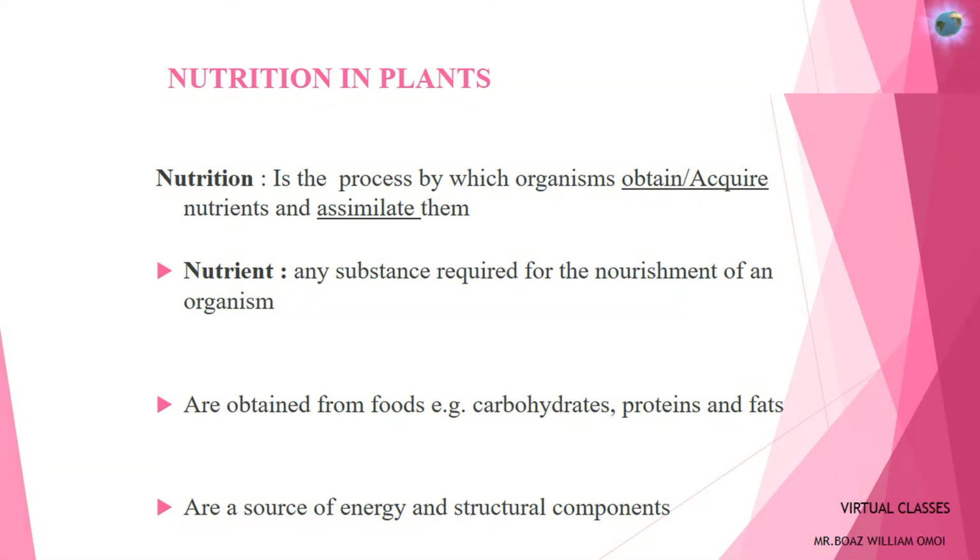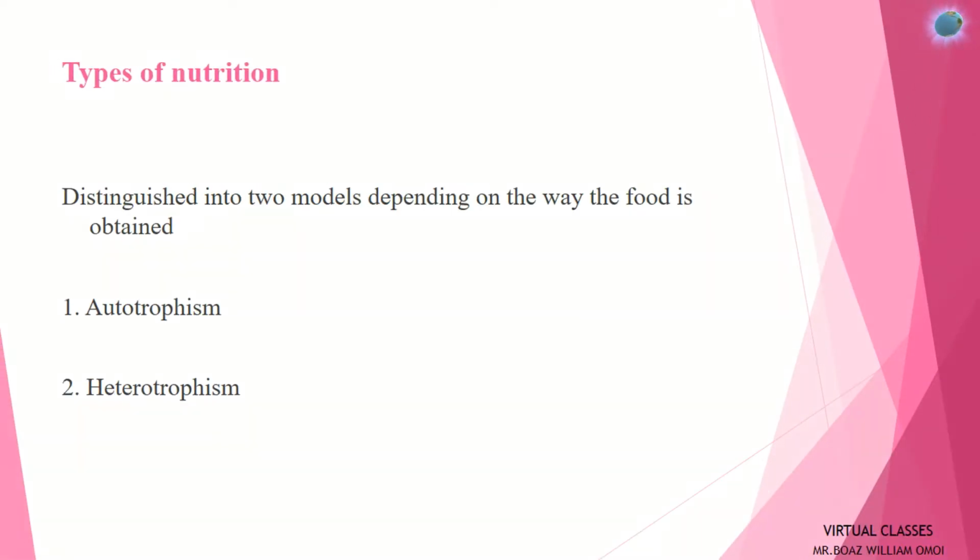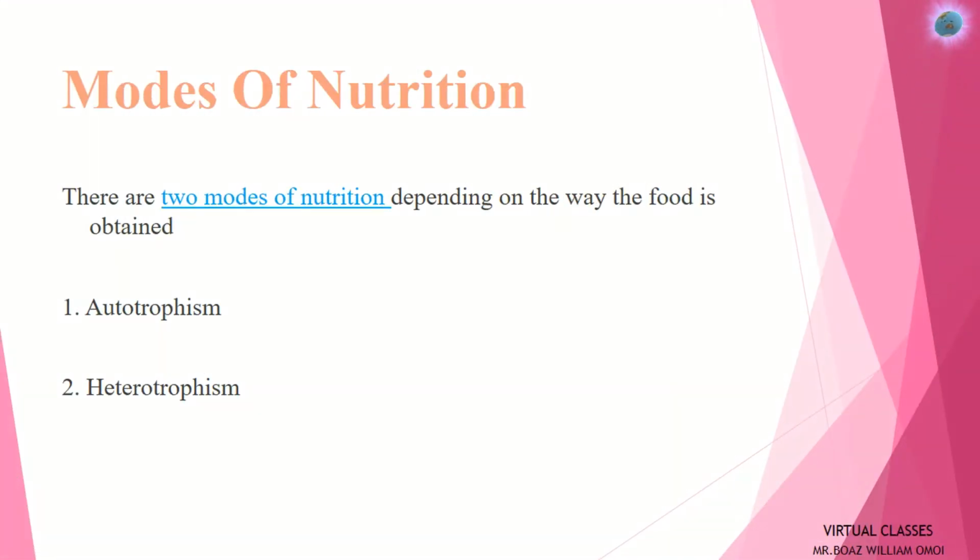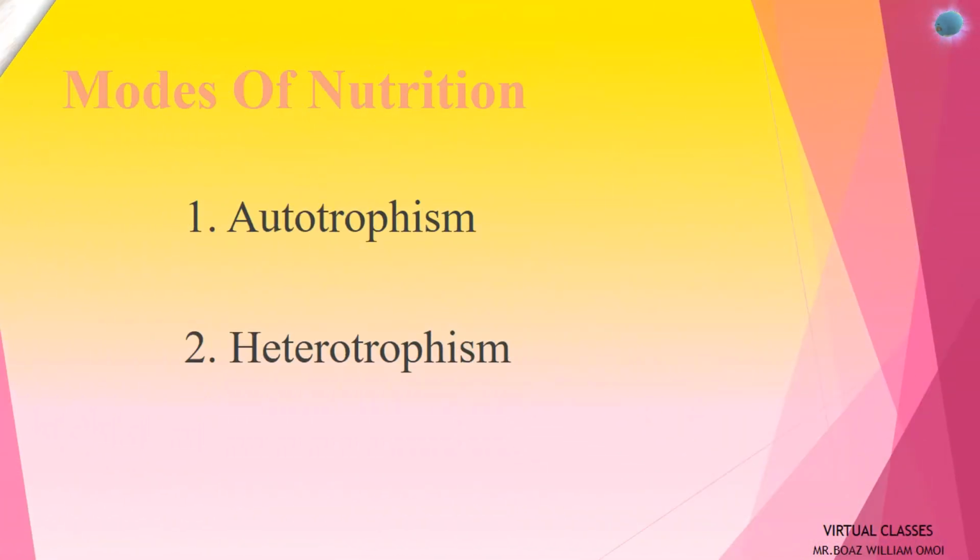Now, having said that, I want us to move on and we talk about types or modes of nutrition. Now students, I want you to know that there are only 2 modes of nutrition, depending on the way the organism obtains the food that it is going to feed on. Number 1, autotrophism.